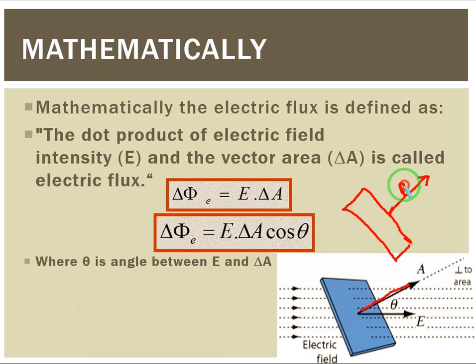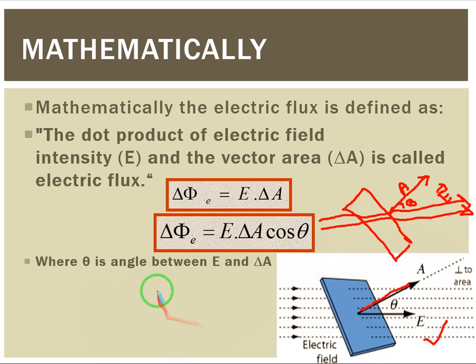So this is the area, and the electric field line is passing in this direction. So this is the electric field intensity, and it makes an angle theta. So that's why you can use EA cos theta. When you are using cos theta, there is no need to write the dot. So flux is equal to EA cos theta because of this formula.